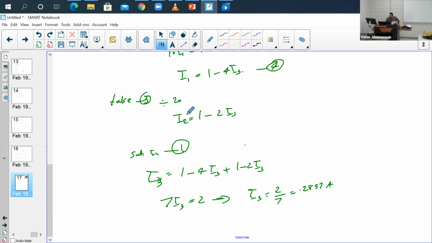Substitute it back in there, so that means your I2, which is 1 minus 2 I3, so it'll be 1 minus 2 times 0.2857. So this will be almost 0.43 amps. Your I1, if you calculate it, you should get 0.143 amps. And that should conclude chapter 20 for Physics 102.